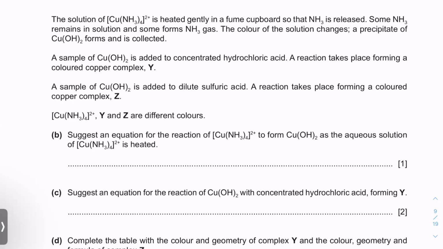So we take this thing, copper with 4 ammonia. So the hydroxide is definitely coming from water. So this is going to give me copper hydroxide and ammonia. Okay. But that's not all. Water is also breaking down to give me H positive.